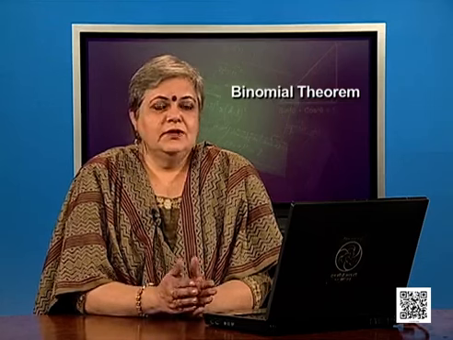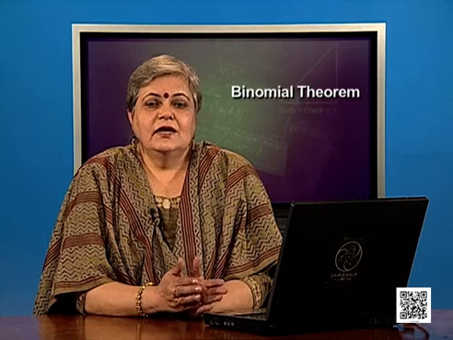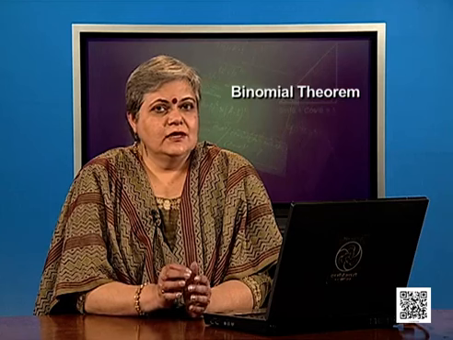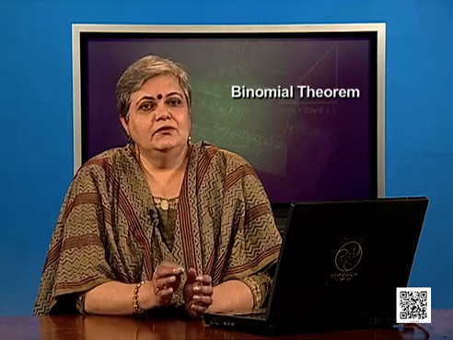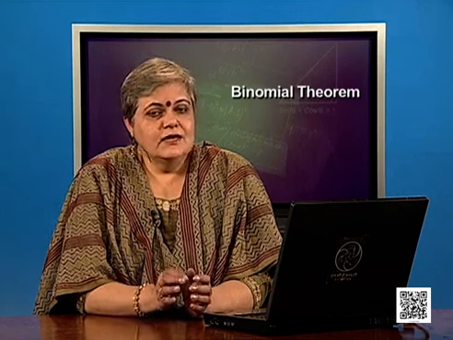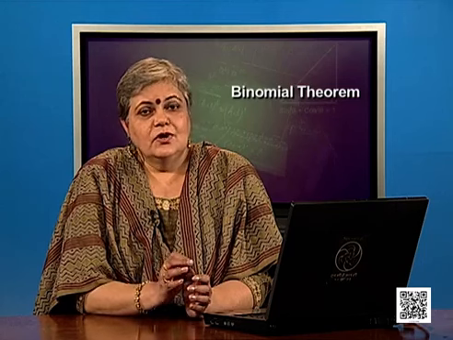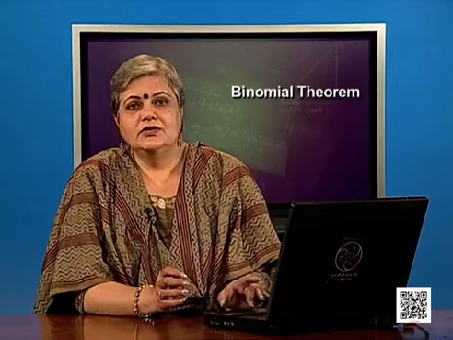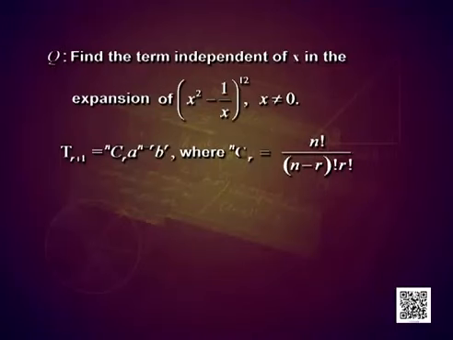Absolutely the same as the previous, in the sense that there we were finding that r for which you would get the power of x as negative 2. Now, we will aim at finding r such that x is to the power 0. So, we start with the general term. T r plus 1 is nCr, a to the power n minus r, b to the power r.